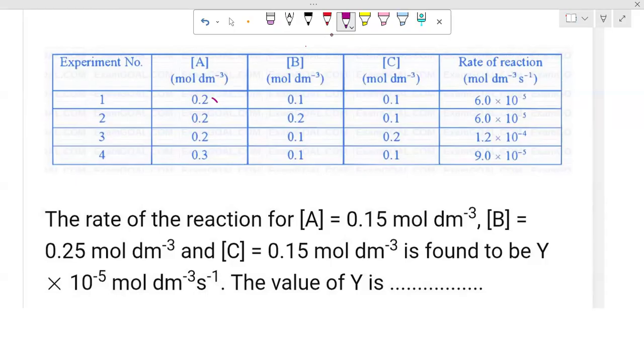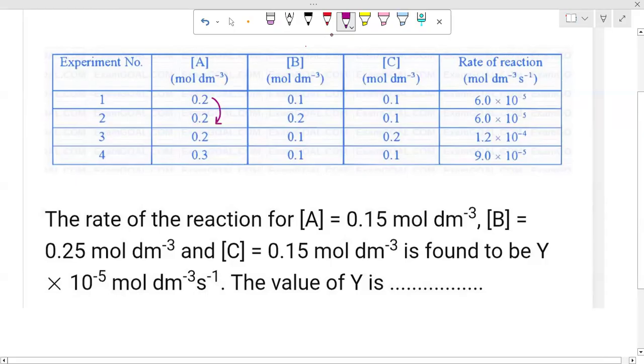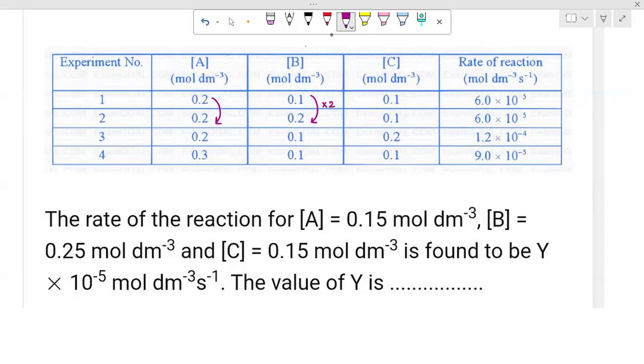If I compare 1 and 2, my concentration of A is not changing. My concentration of B is doubling and my concentration of C is also not changing. So what I can understand from this comparison of experiment 1 and 2 is that by keeping the concentrations of A and C constant and only doubling the concentration of B, my rate of the reaction is the same, correct?